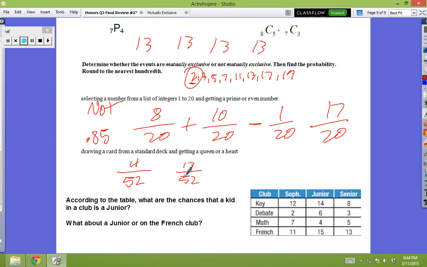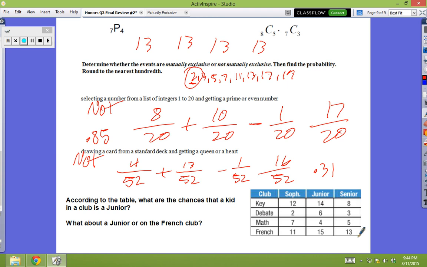But there does exist a queen that is a heart, so you've got to subtract that queen of hearts that was counted in both groups. So this one is also not mutually exclusive. So 4 plus 13, 17 minus 1, 16 out of 52. And that gives you 31%, or 0.31.